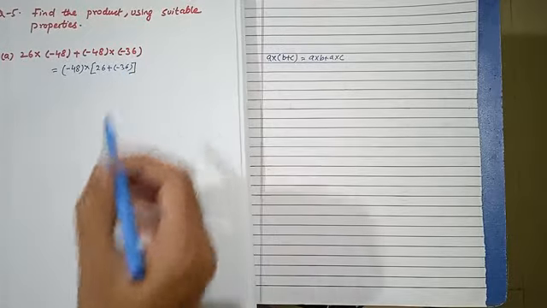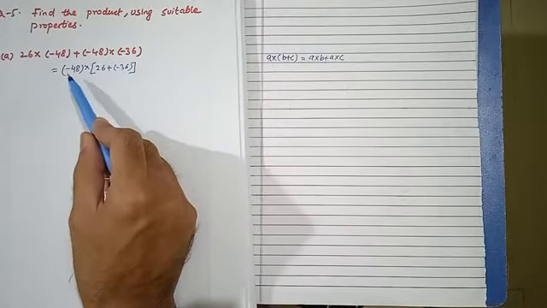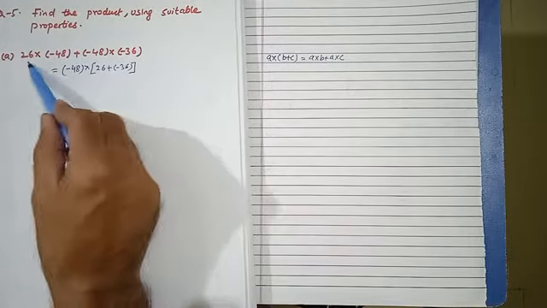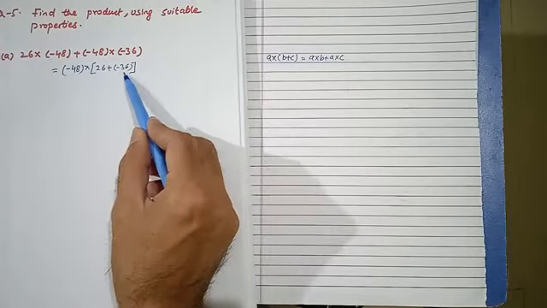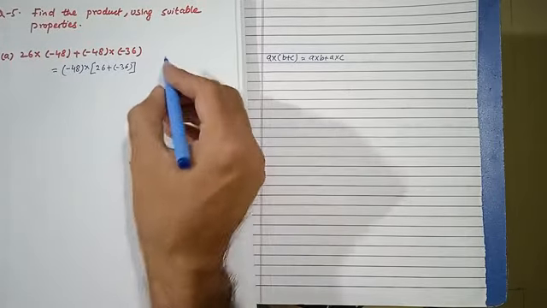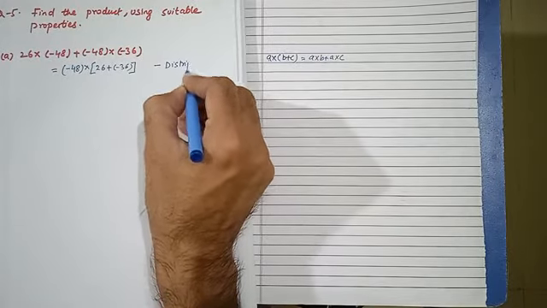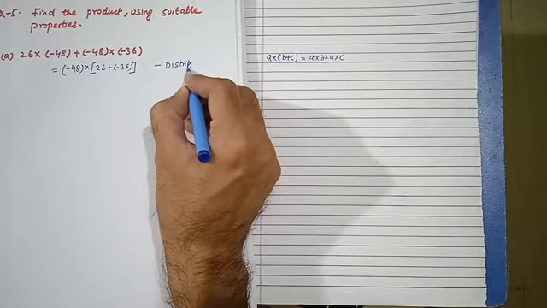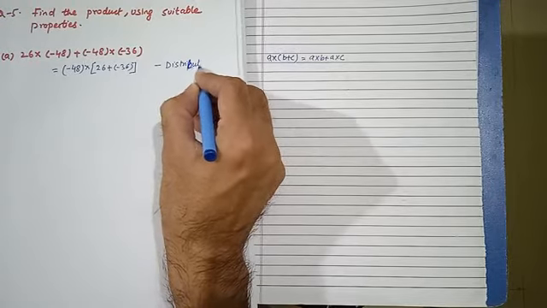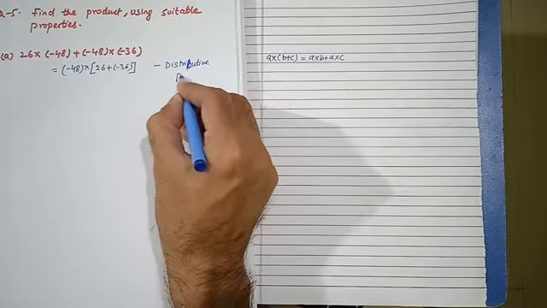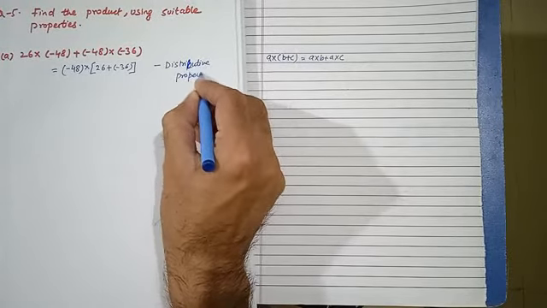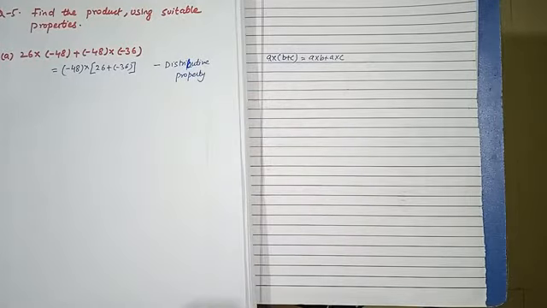If you open this, it becomes -48 into 26 plus -48 into -36. So what property have we used? We have used the distributive property. Is that clear to you?